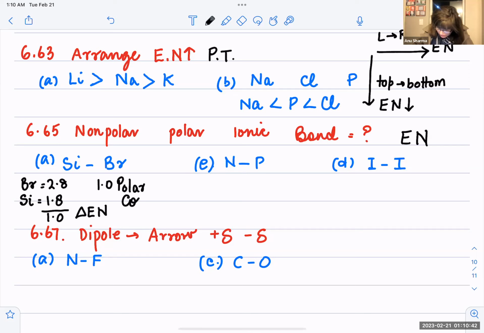Anything that is polar covalent means there's unequal distribution of electrons, which means bromine being more electronegative will have a delta negative charge, and silicon being less electronegative will have the delta positive charge. Okay, so that's one thing. And there's an arrow. The arrow is going to be towards bromine.